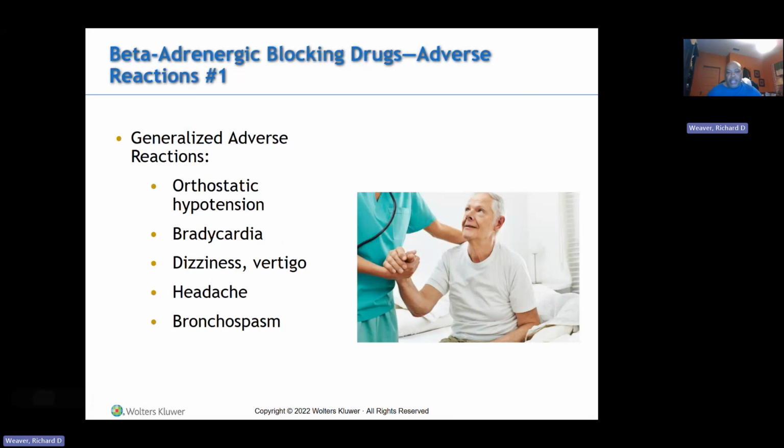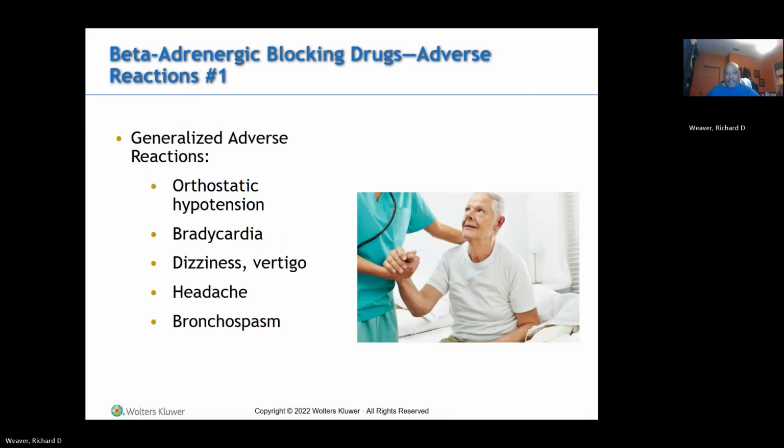Something also worth mentioning when we talk about beta adrenergic blocking drugs, beta blockers: they can cause bronchospasms by blocking the beta 2 receptors in the lungs. Sometimes when they're blocked, that's not a good thing. Normally beta 2 receptors are responsible for relaxing the smooth muscle in the airway, in the bronchioles. Remember, the bronchioles also have smooth muscle.